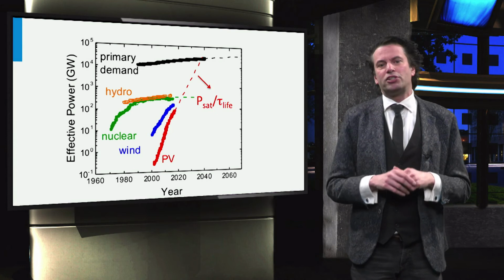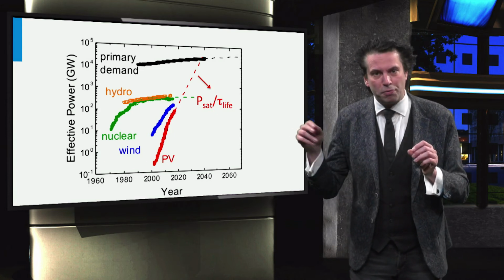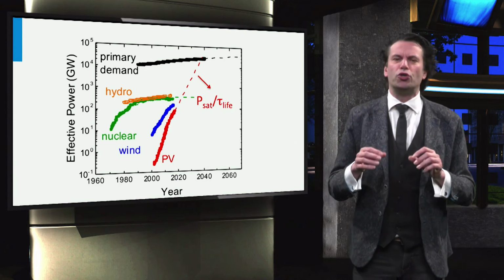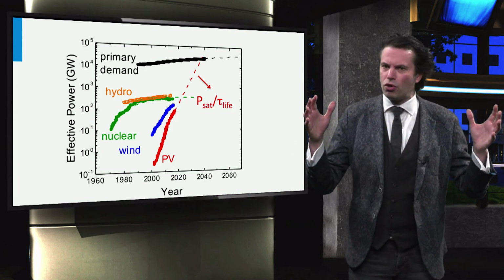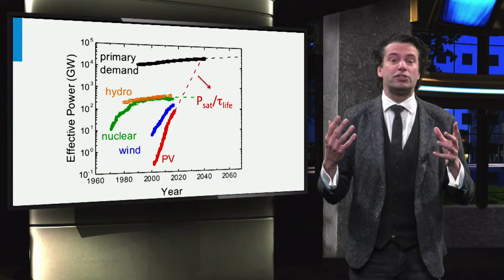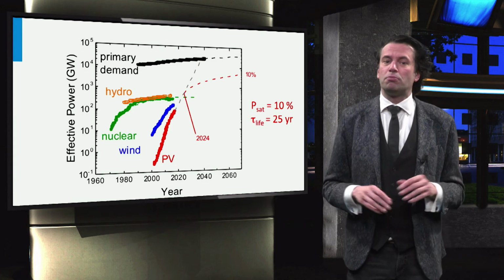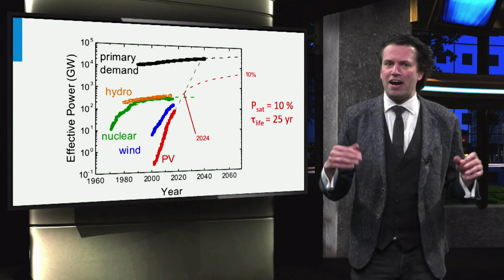For economic reasons, the annual production capacity can therefore not exceed the market of replacement. This market is equal to the total installed capacity of solar electricity divided by the lifetime of a PV system or solar panel.